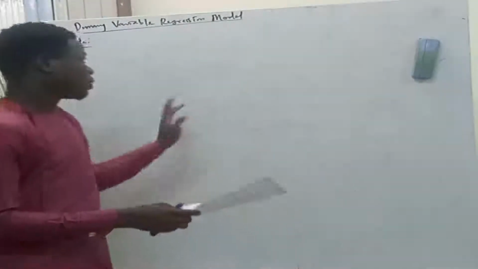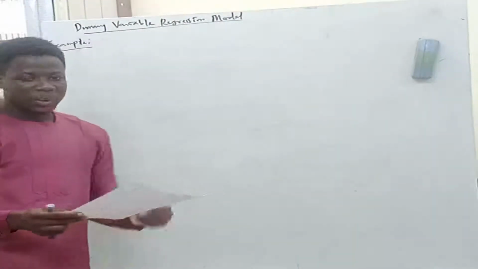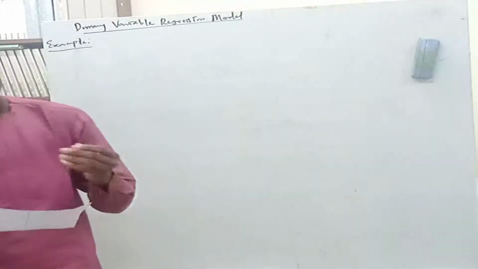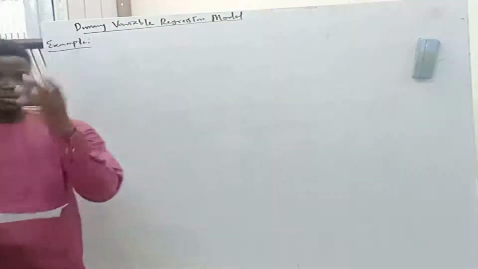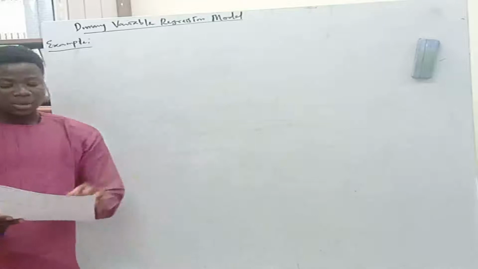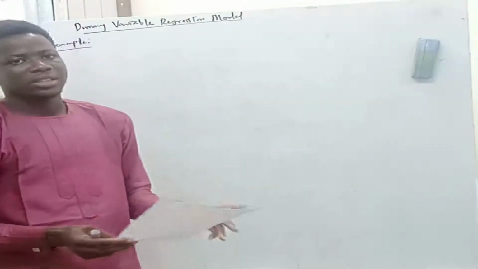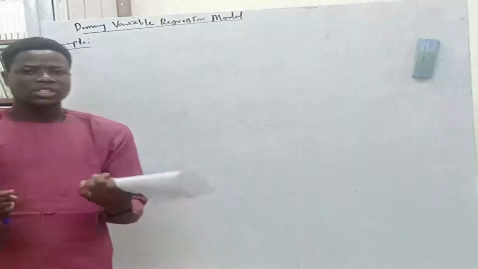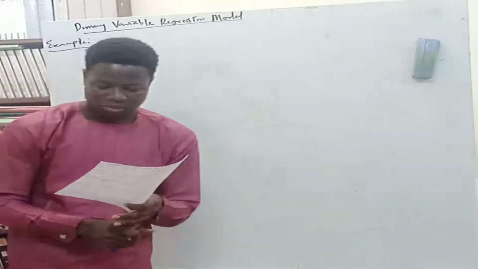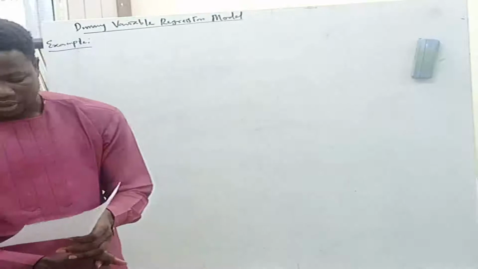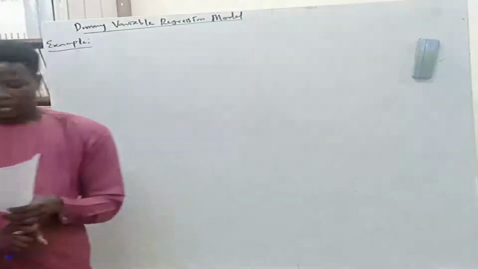The example we are going to be working with is one where we're looking at the wage rate of workers. We're saying the wage rate of workers depends on their years of experience. I think I've used that example before. Then we're looking at the level of education attained. If the person finished just primary school, that's one category.